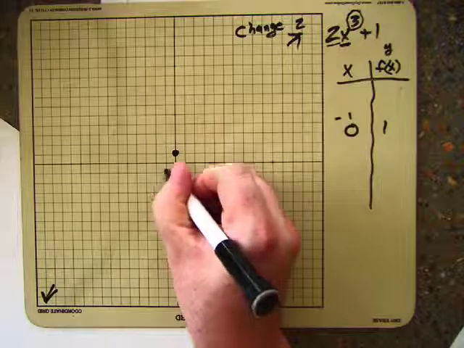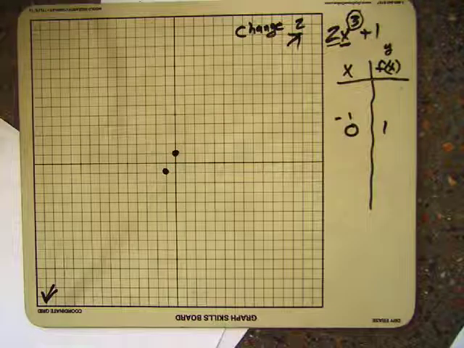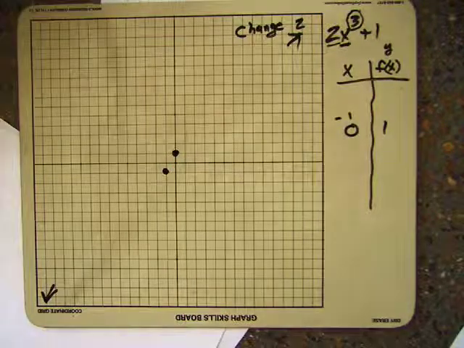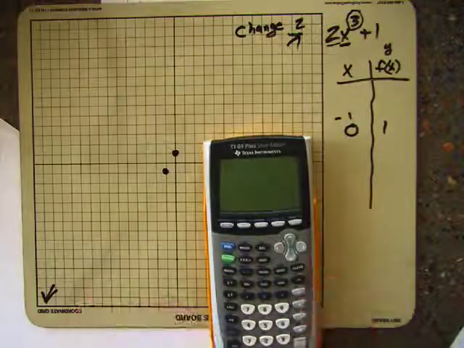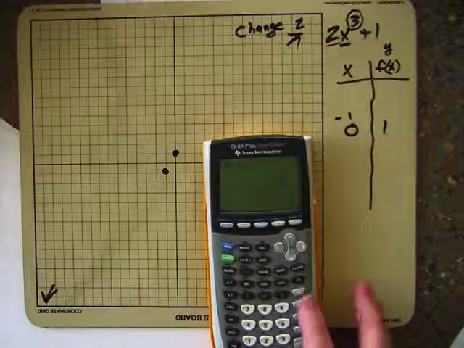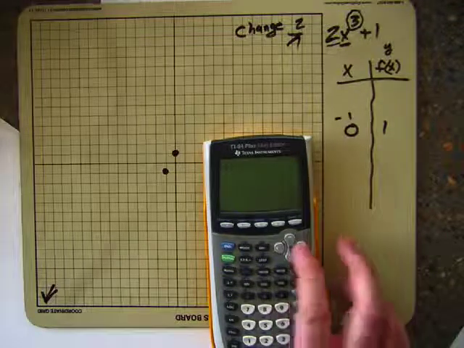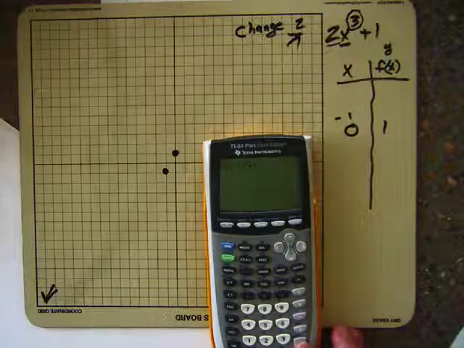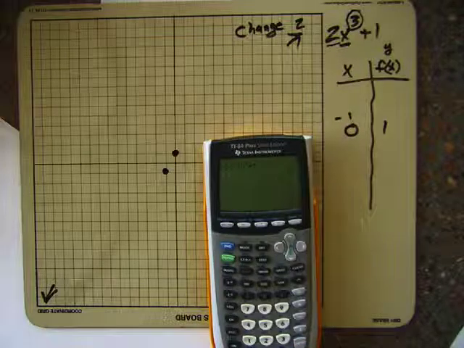So I know that's going to go right there. And we can always check the work on a calculator. So like 2 times -1 raised to the 3rd power plus 1. And we see -1 is correct.